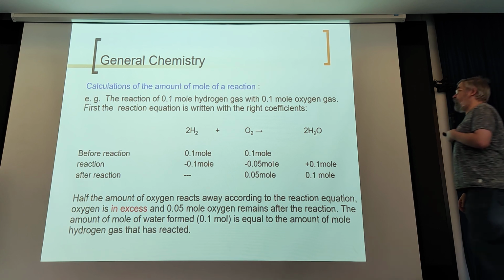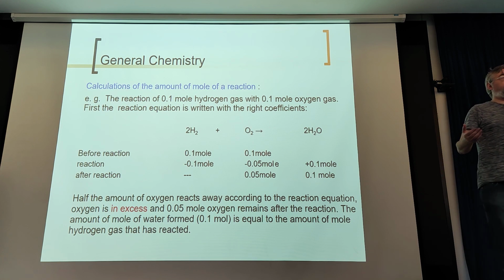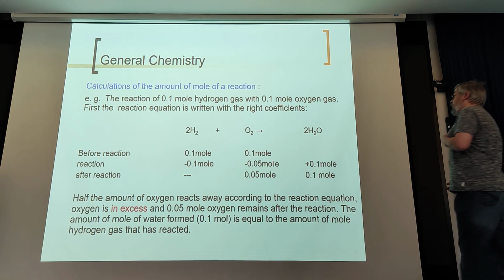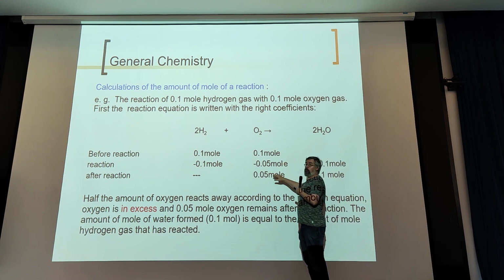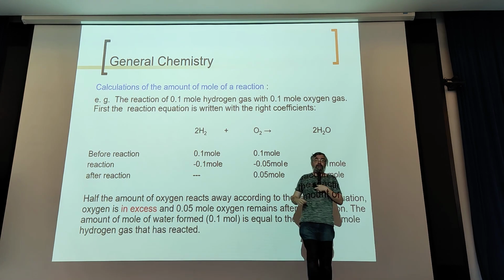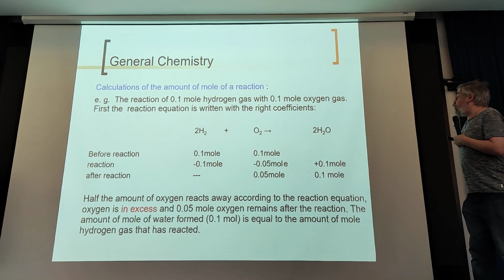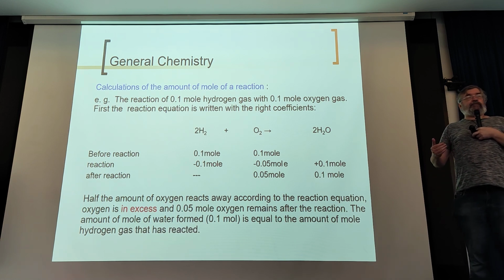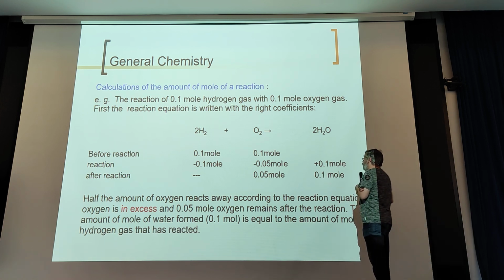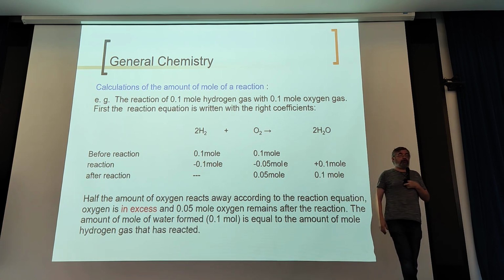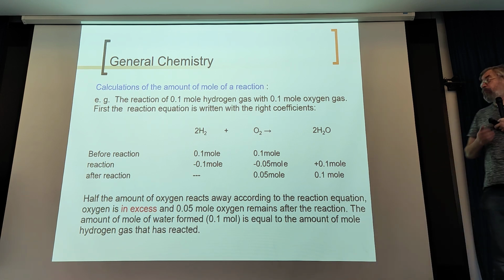And then after that, all of the hydrogen has disappeared, so the reaction stops. That means 50 millimoles of the original dioxygen has reacted and 50 millimoles is staying. So after the reaction, there is still dioxygen. The dioxygen, in other words, was in excess. Afterwards, we get 100 millimoles, 0.1 mole, of water. So in the mixture there will be water and there will be dioxygen.